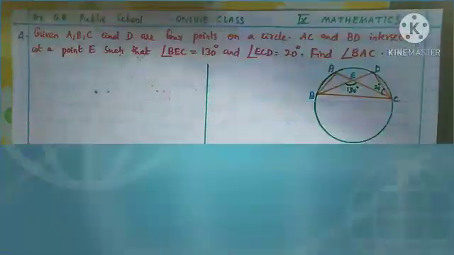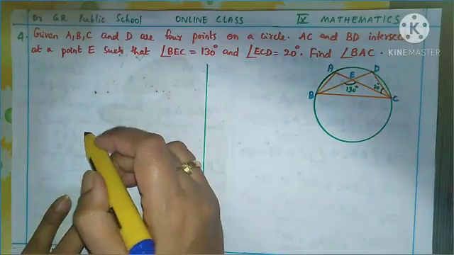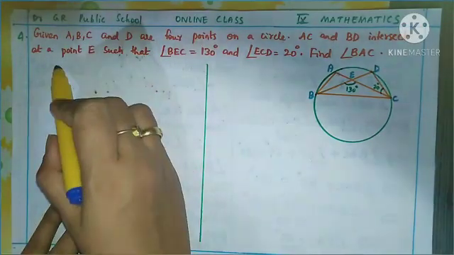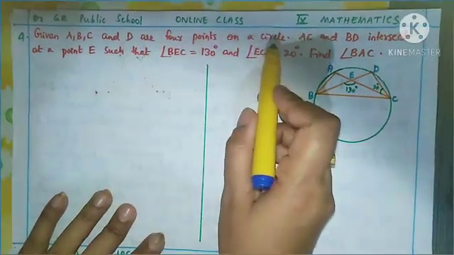Okay. Now students, we can see one more problem from this topic. Given A, B, C and D are 4 points on a circle.